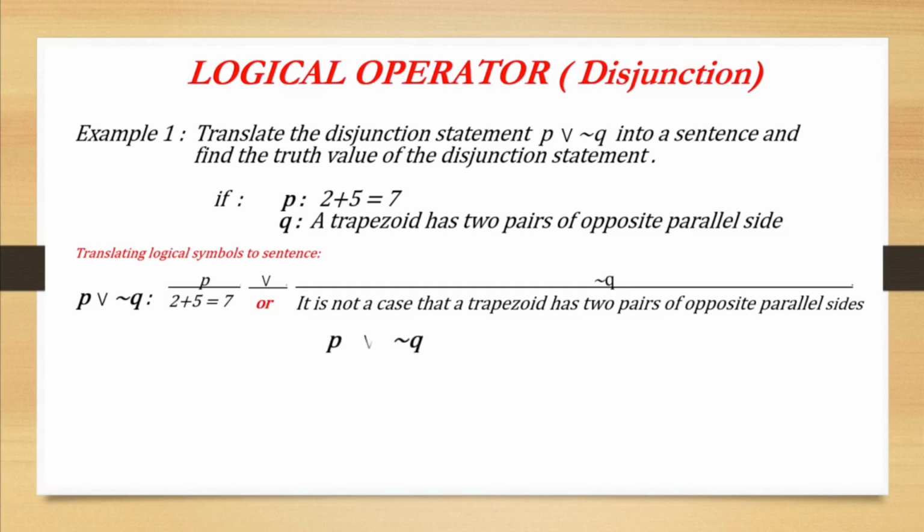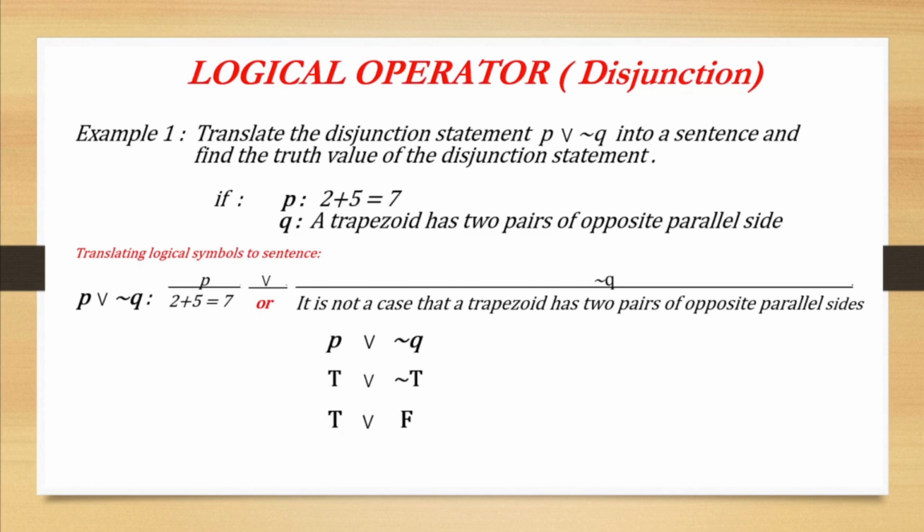After that, we have to plug in the truth values for P and Q into our logical symbol. So we can say true or negation true. We have to evaluate first the negation of true, which is false.